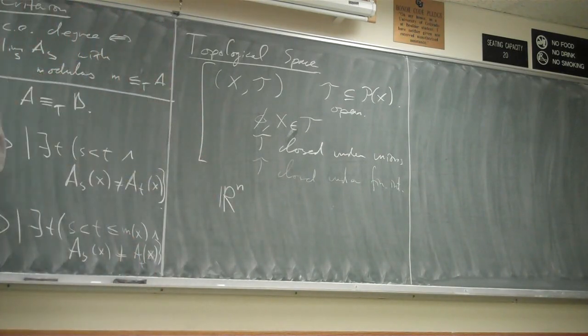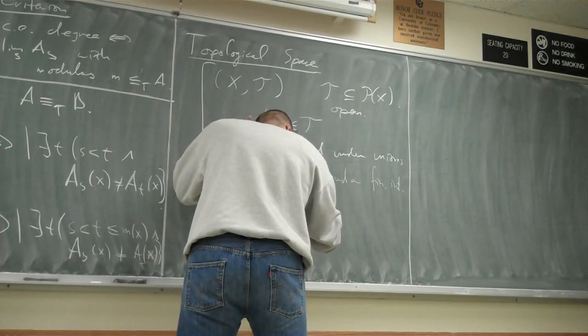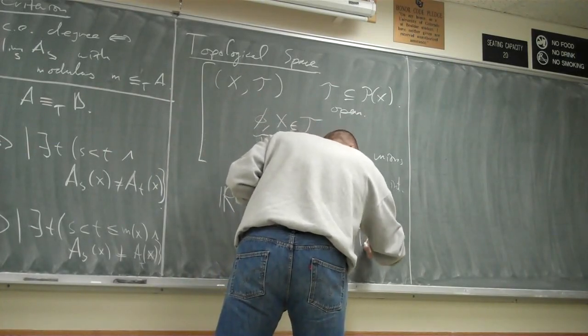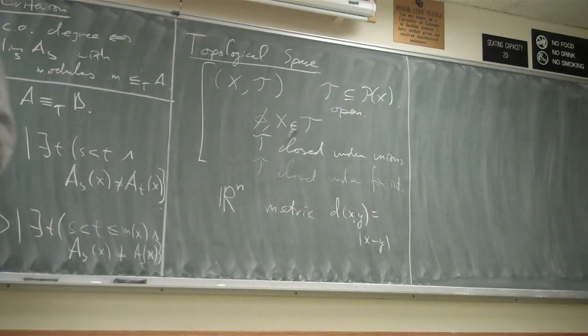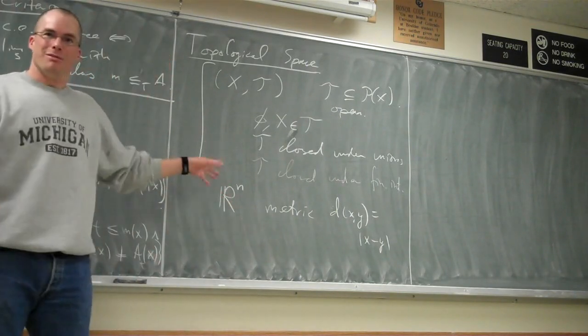Now, Rn is not just a topological space. Rn is a nice topological space because its topology is given by a distance function. And this is exactly what topological spaces are about.